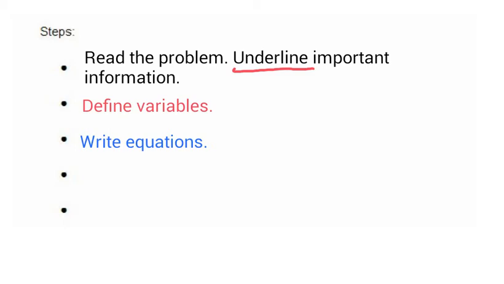So if we have two variables, say the number of quarters and the number of nickels in a collection of coins, or the speed of a boat in still water and the speed of the current, we'd also need at least two equations. So if we have two variables, we need two equations. If we have three variables, we need three equations, and so forth and so on.